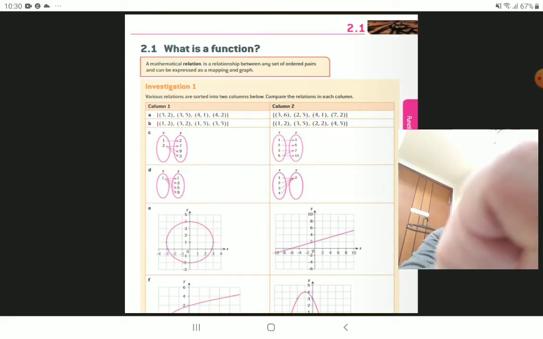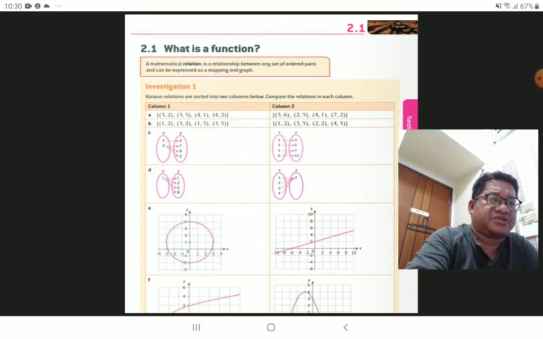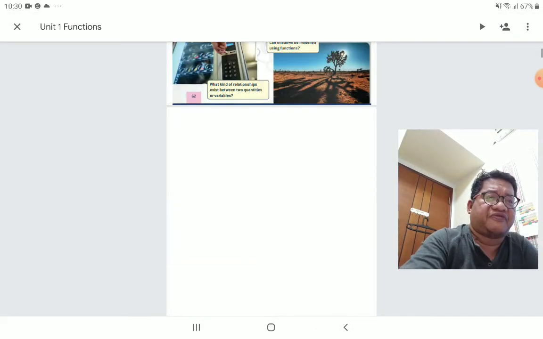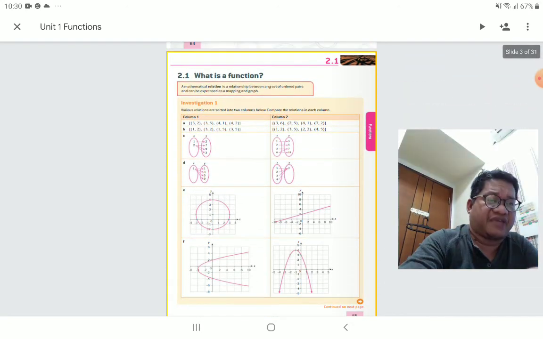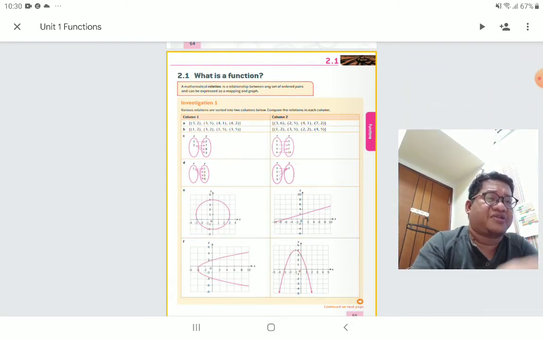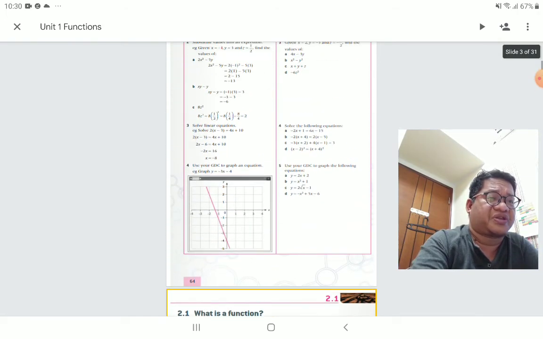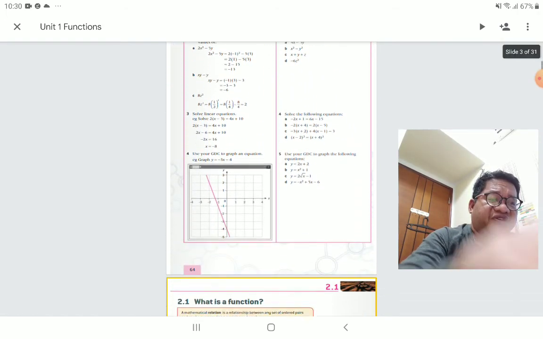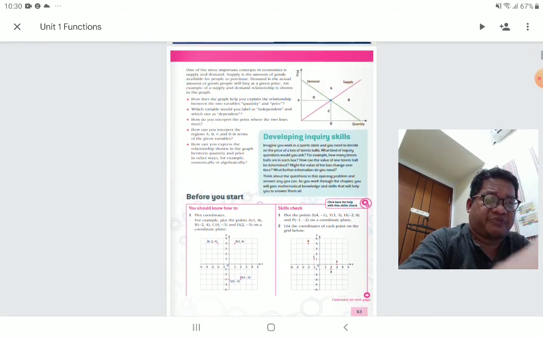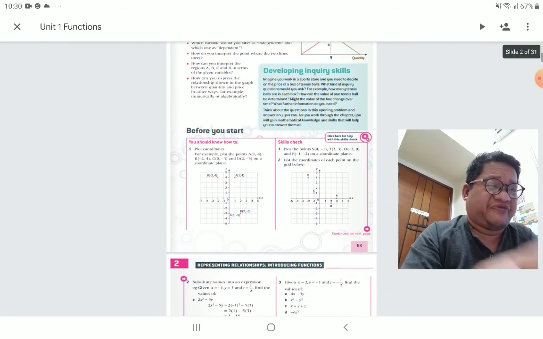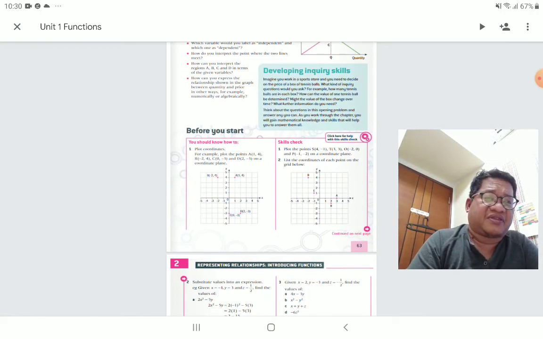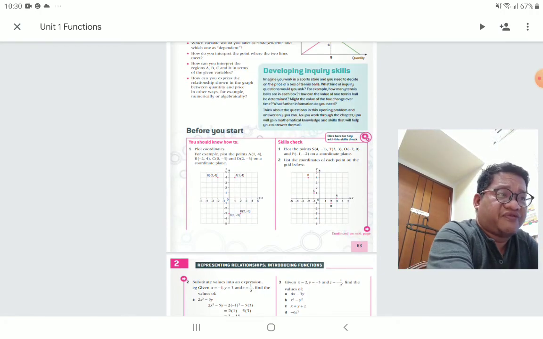So you're going to read from this page all the way up to here, and this 2.1 is your homework. Alright, that's your homework investigation, while page 64 and page 63 are some of the skills that I'm expecting that you actually know before.